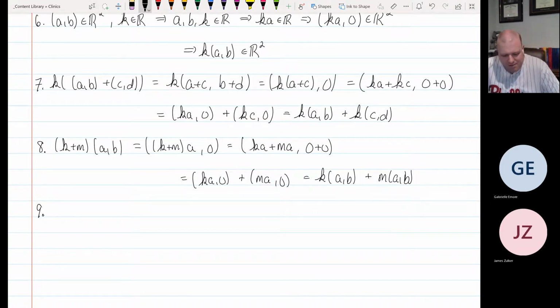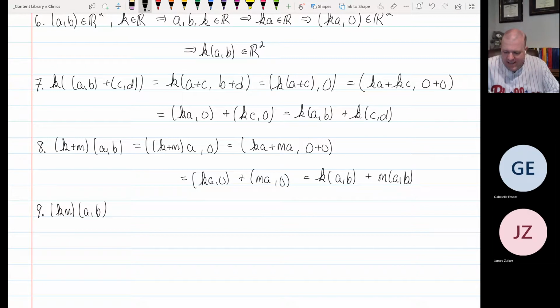Ninth is the order in which you do the multiplication does not matter. In other words, we look at this, K M times AB.